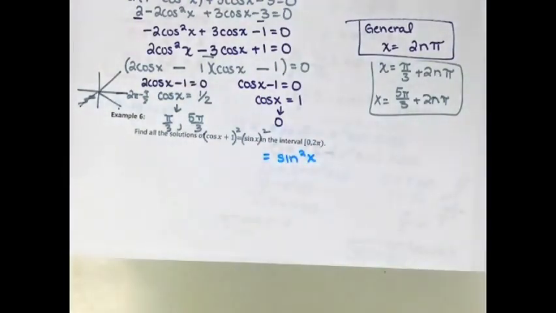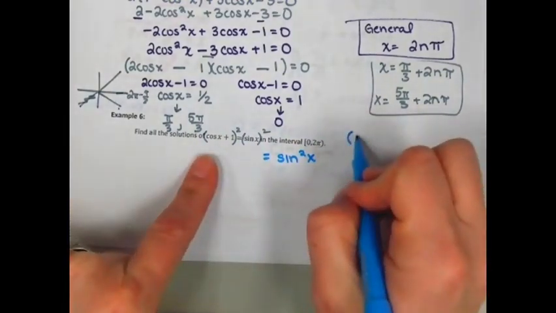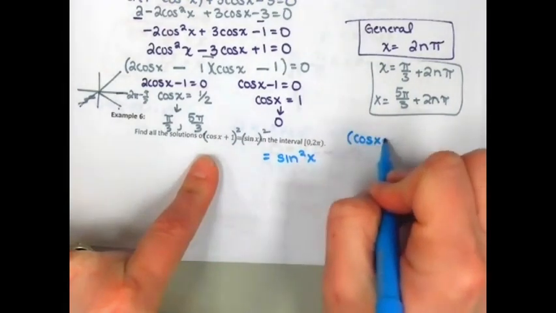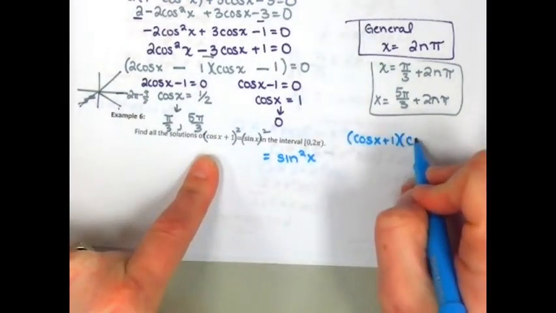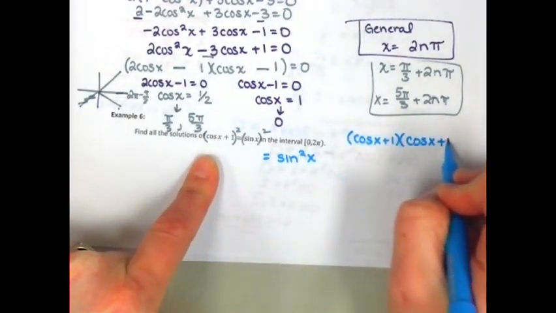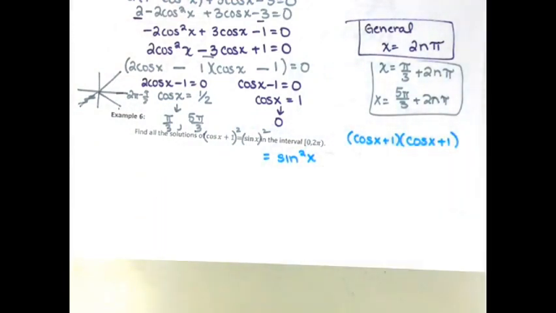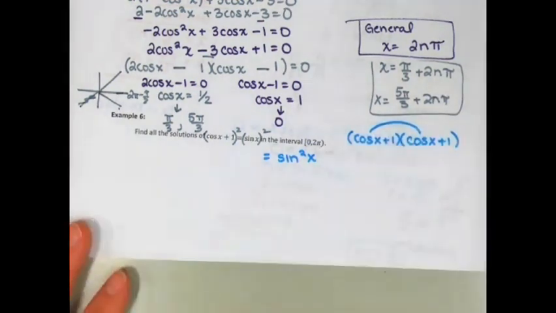Now, if I want to square cosine x plus 1, don't I actually have to FOIL that out? Right, because cosine x plus 1 squared means cosine x plus 1 times cosine x plus 1. So I actually have to FOIL that, don't I? Yeah. So what's cosine times cosine?